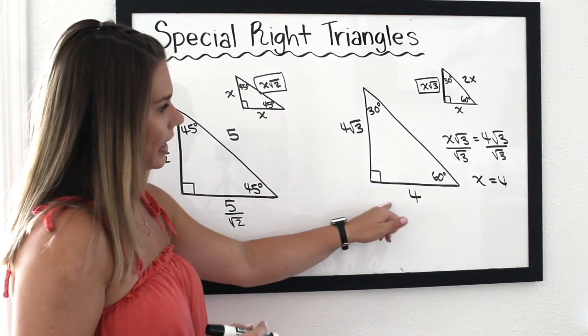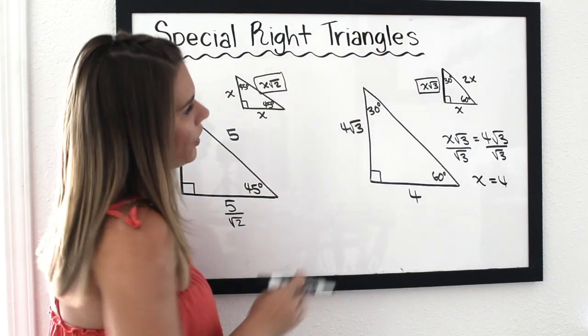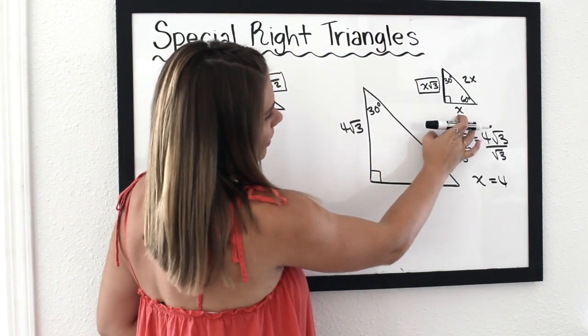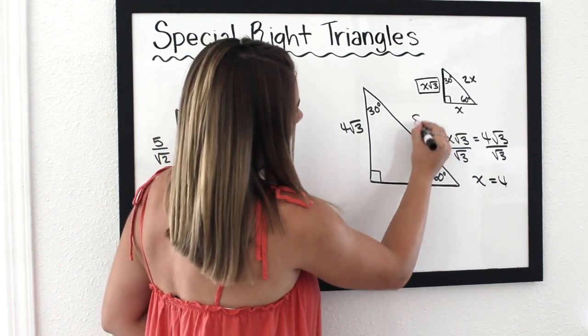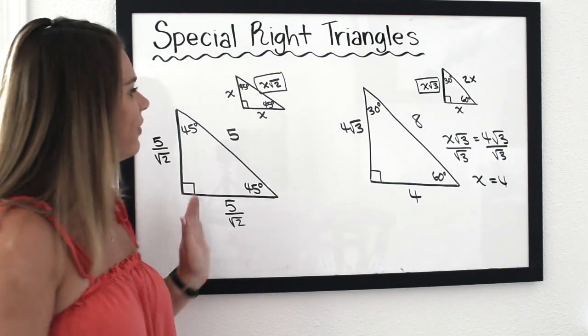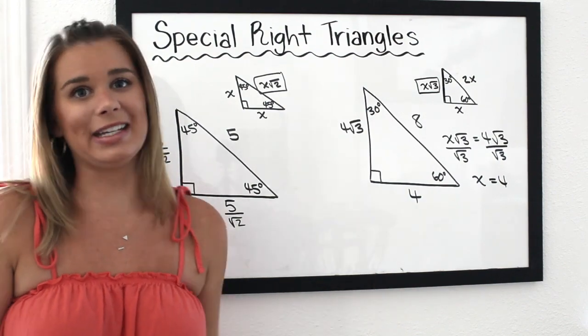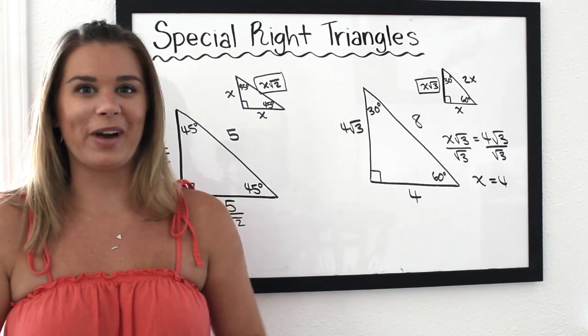And then the last thing I need to do is find my 2x, right, which is the hypotenuse, which means I take a length right here, which is 4 in this case, multiply it by 2 to get 8 for my hypotenuse. And that is how we use our 45, 45, 90 and 30, 60, 90 rules to solve for missing side lengths on special right triangles.